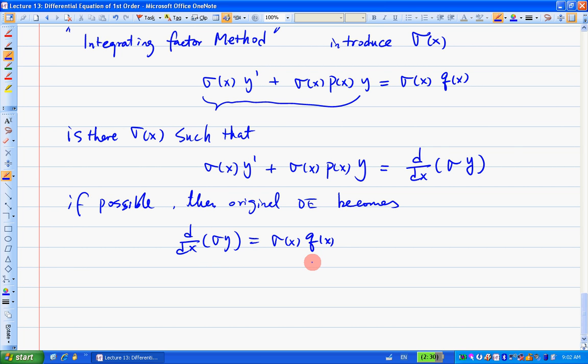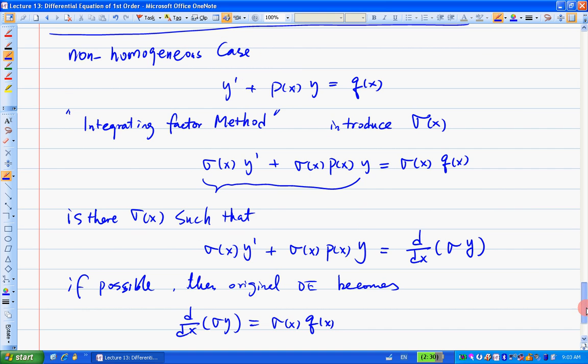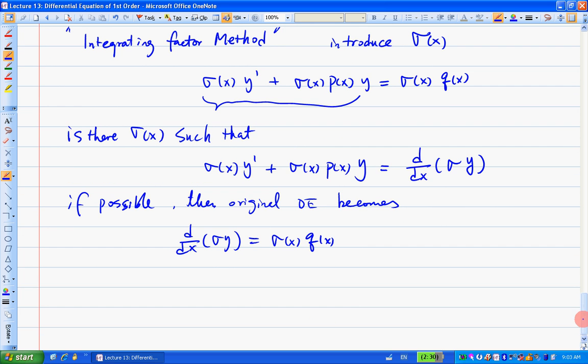Now, why is this better than the original? Well, first of all, this guy you can integrate. I can move this dx to the other side, and then this is basically this.